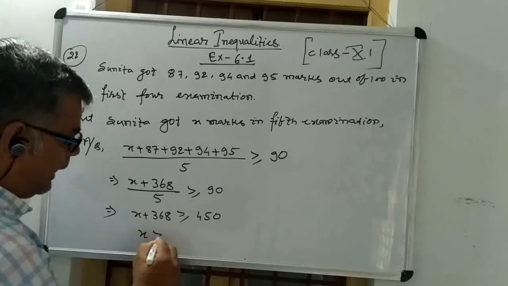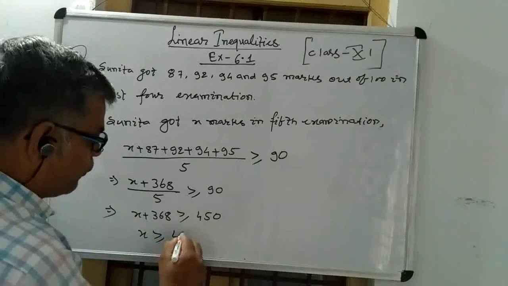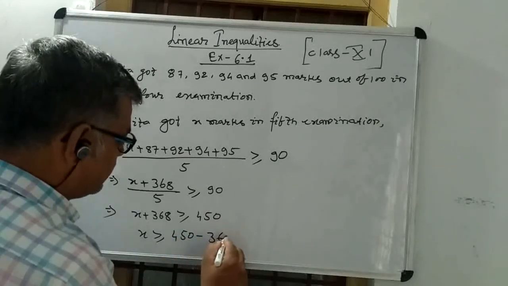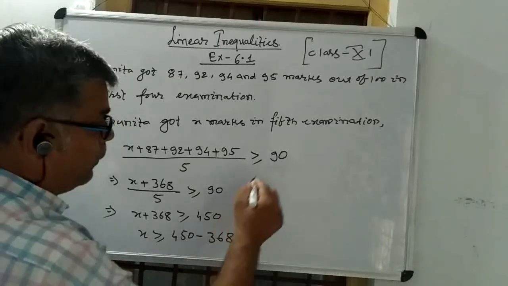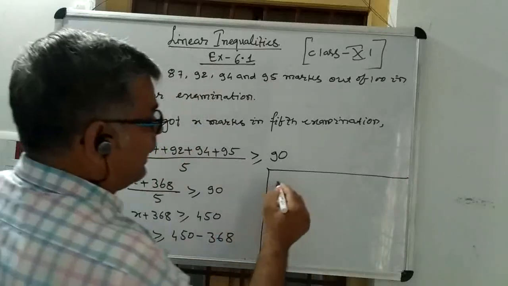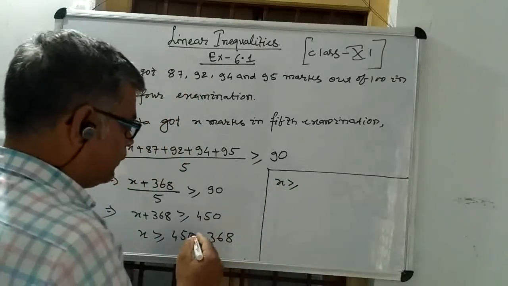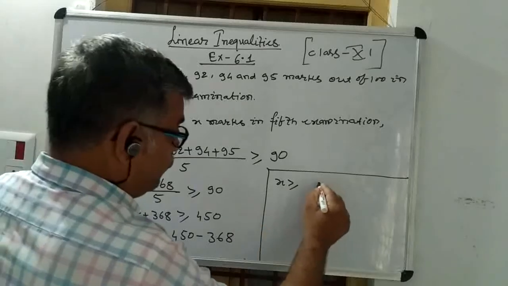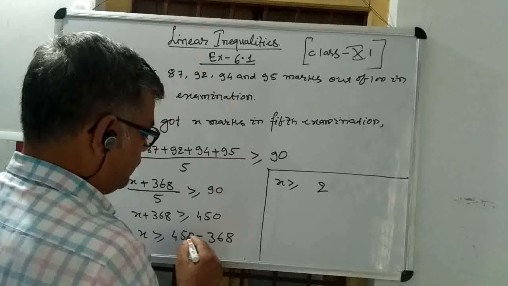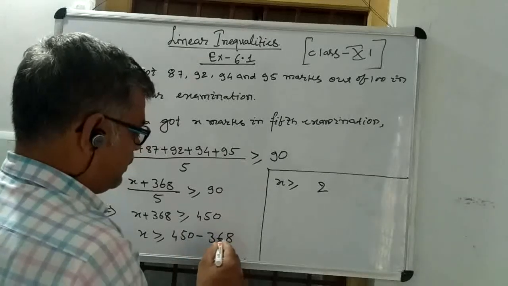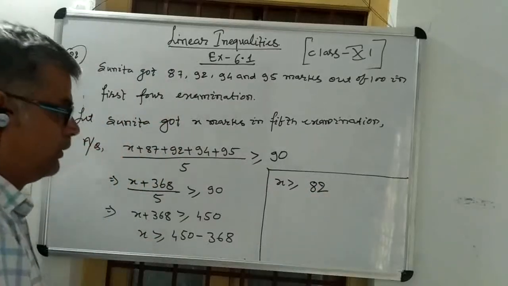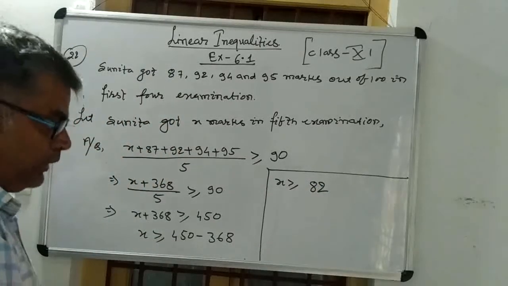So X is greater than or equal to 450 minus 368, which is 82.